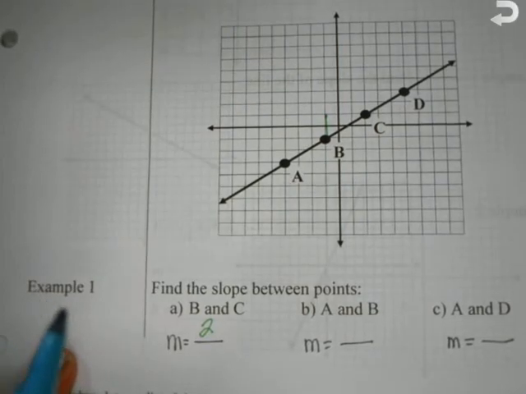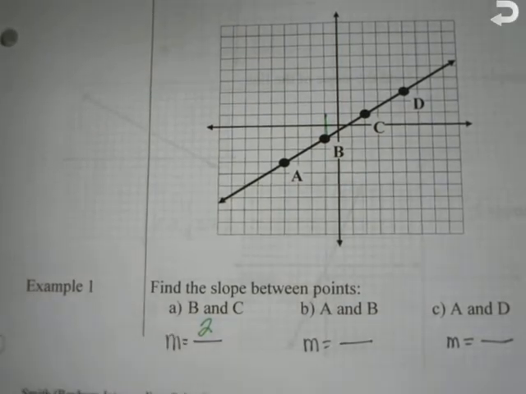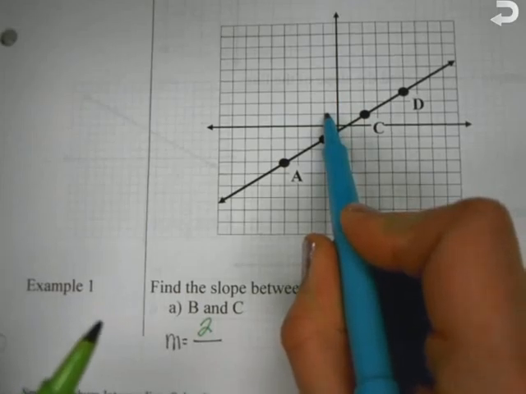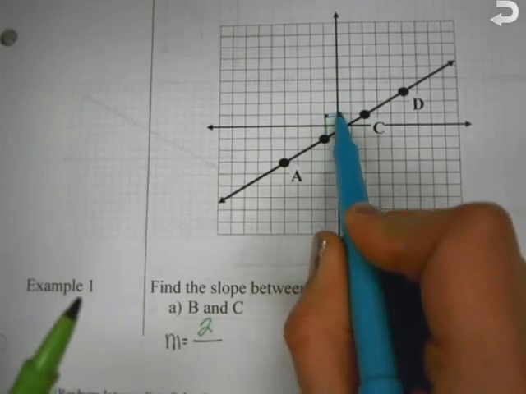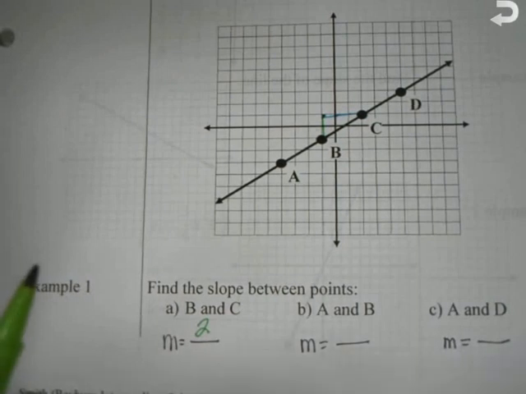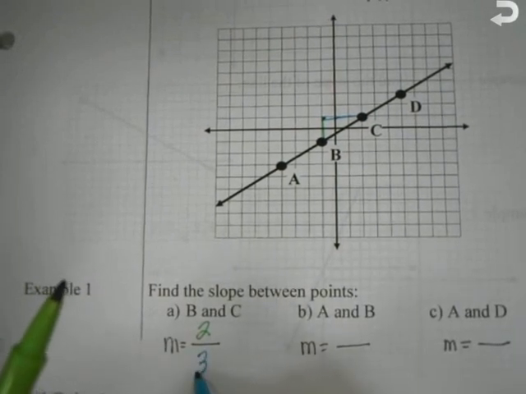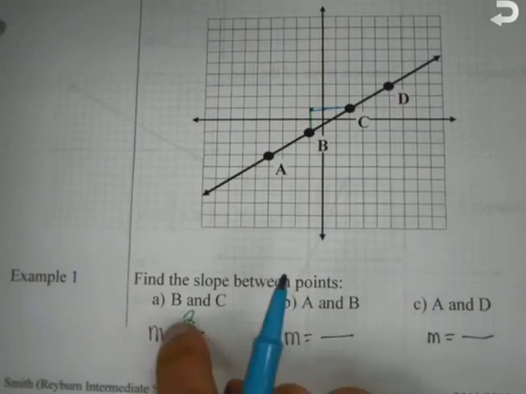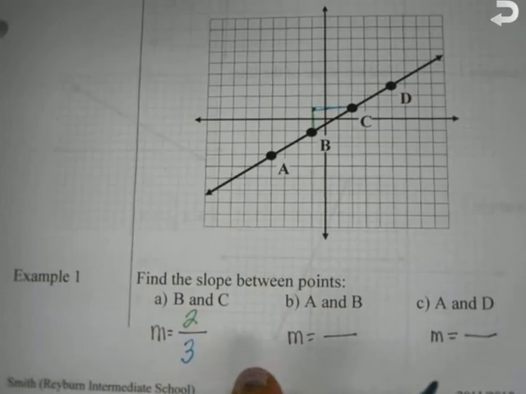Now, staying at that point, I count how many spaces over. 1, 2, 3. So my run is positive 3, and that goes on bottom. So what is the slope between B and C? 2 over 3.